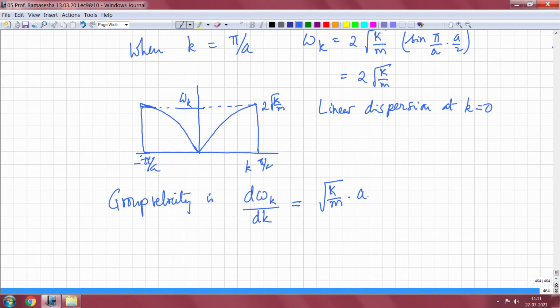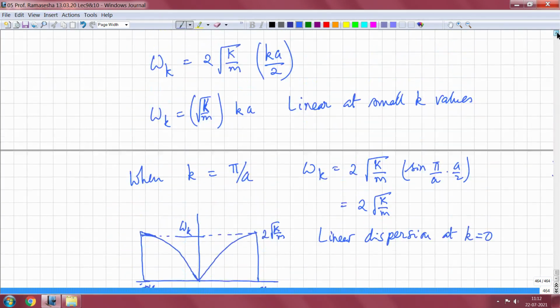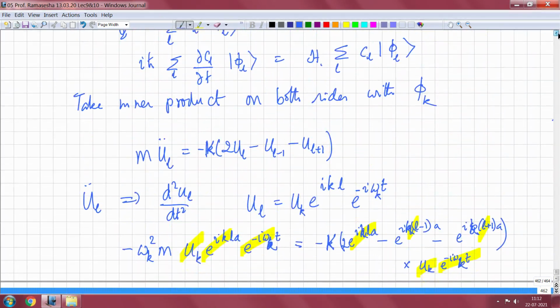So, this group velocity is much like the dispersion of the sound waves in a continuum. If you go back here, you see that it is nothing but a sound wave really.